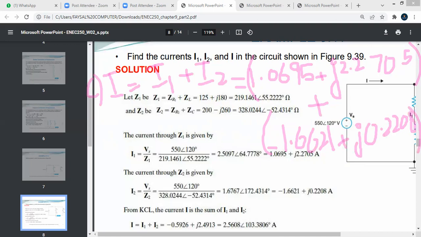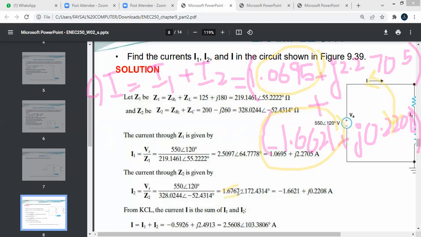So from the comparison, we have to compare the real part with the real part and the imaginary part with the imaginary part.